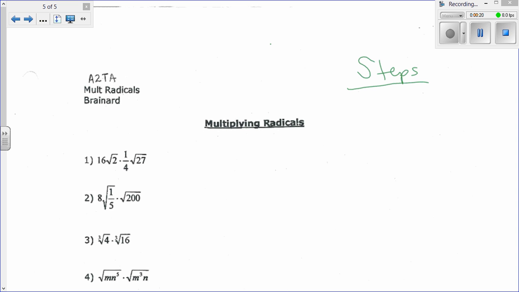So step number 1 is to multiply outside the radical. Step number 2 is to multiply inside the radical.